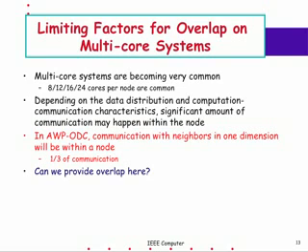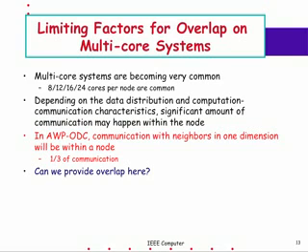Now here we wanted to really exploit how to take care of the overlap to the fullest extent. The limiting factor may come not just from the network side but also from the multi-core side, and as I indicated earlier, different kinds of shared memory communication take place, and nowadays multi-core systems are becoming very common. Currently you can get platforms with 8 or 12 or 16 or 24 cores. In fact, some new systems are emerging with 32 and 64 cores.